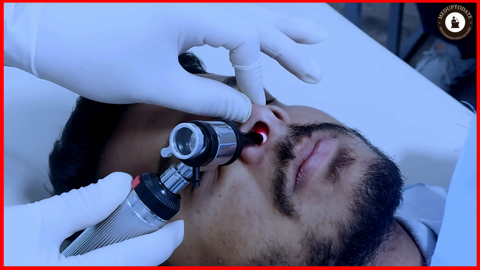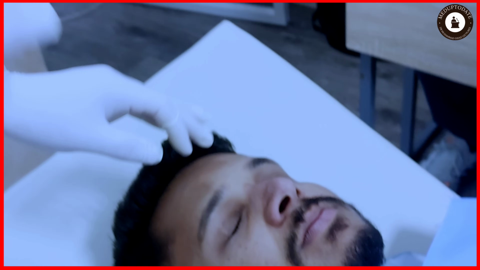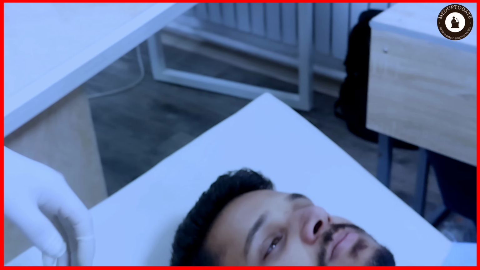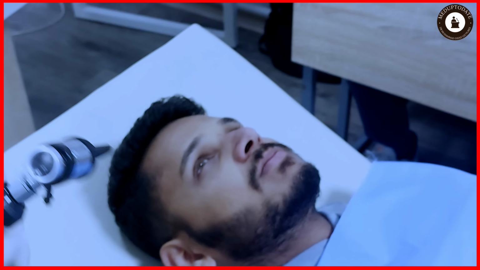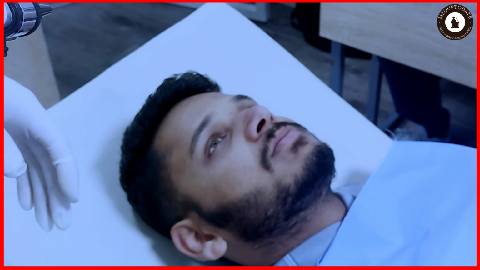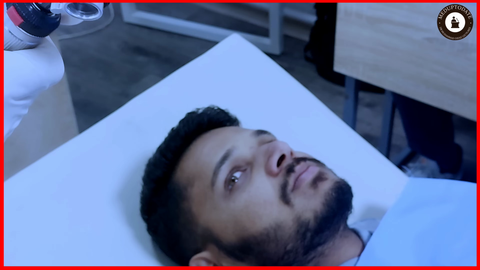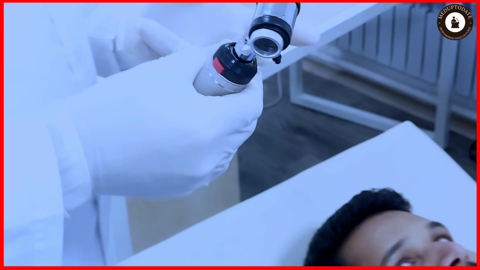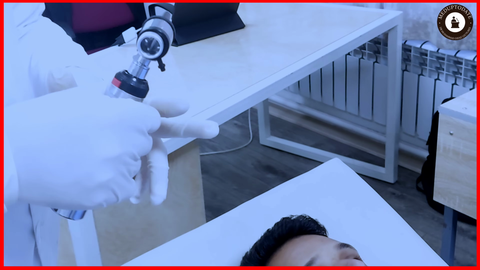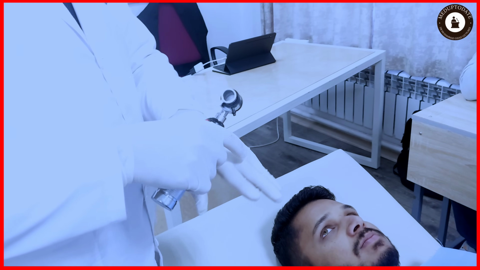This is very smooth, and you must be very gentle because here we have many arterial anastomoses. If you rupture it, there will be bleeding, and when the patient has a problem with bleeding, he must have an extreme problem and emergency.